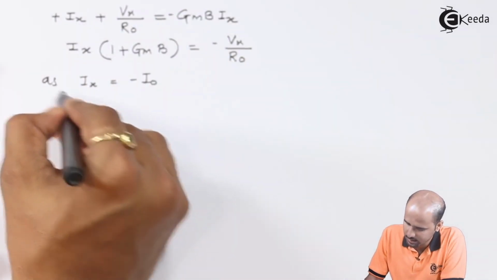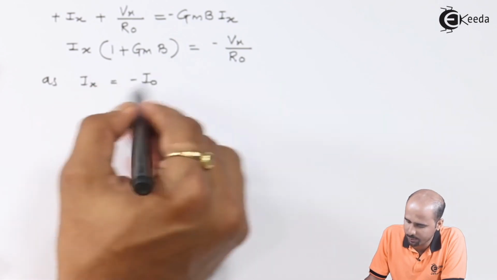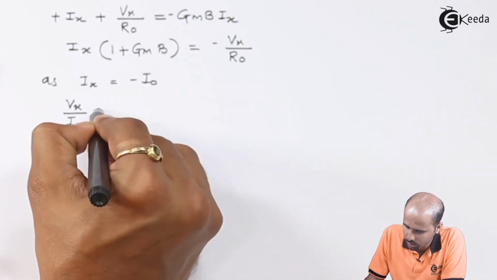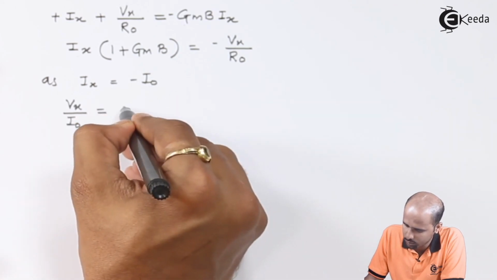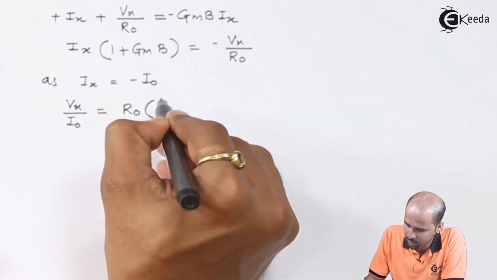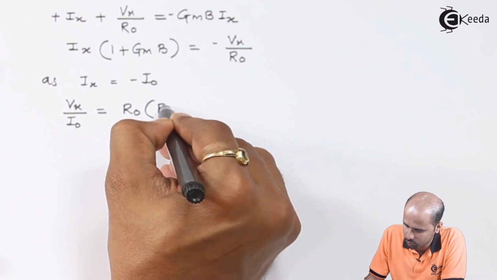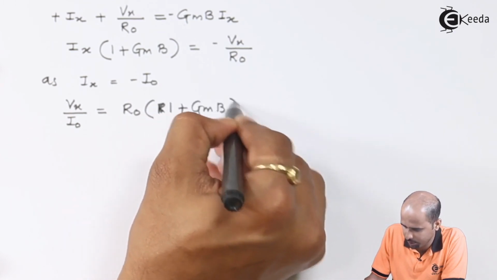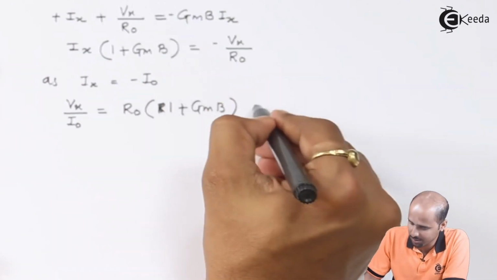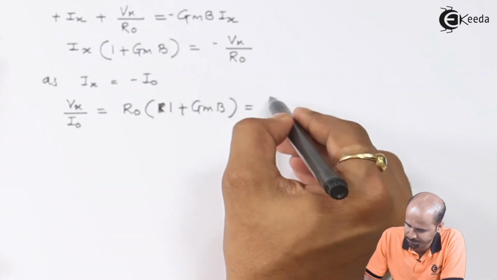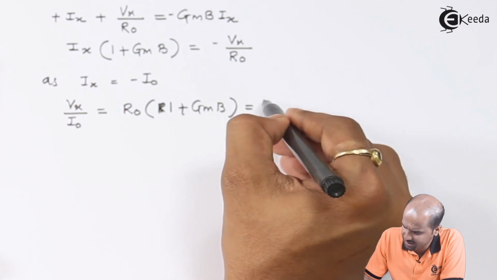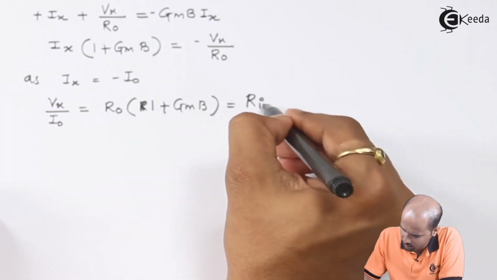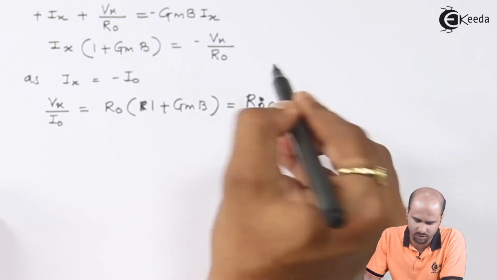So whatever value I will be getting for Vx divided by Io is in the form of Ro multiplied with 1 plus Gm into B. Very simple. And this is nothing but the value ROF, the output resistance.